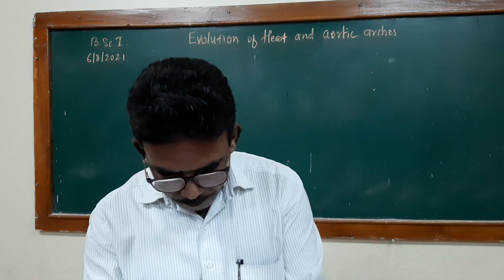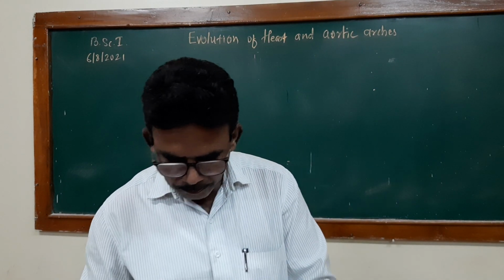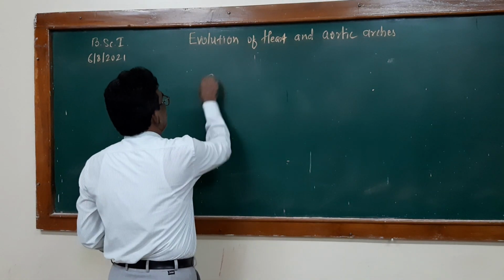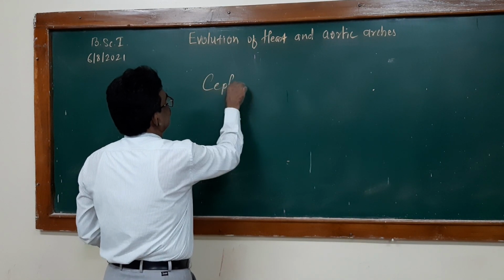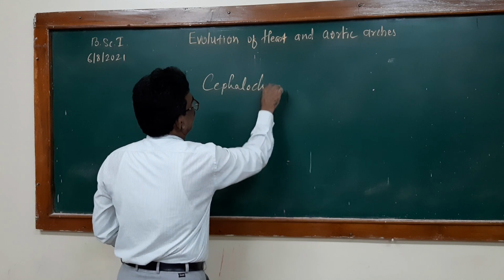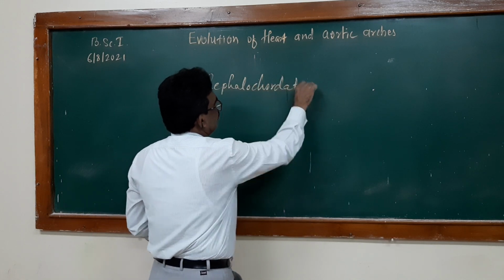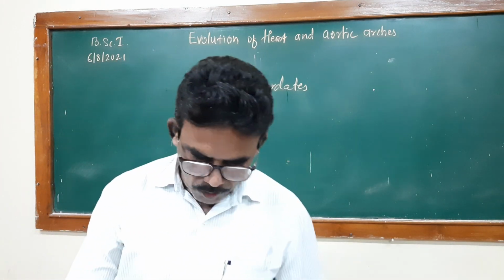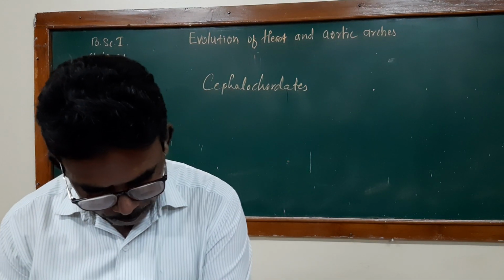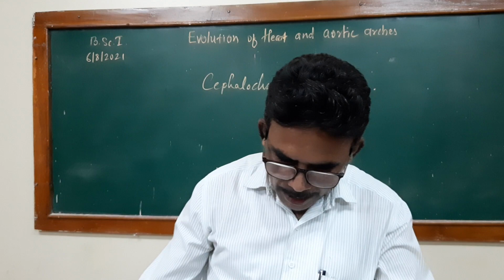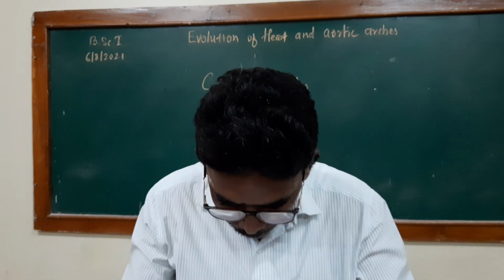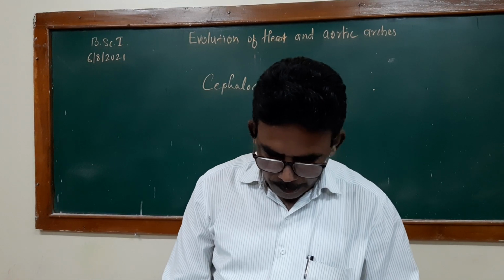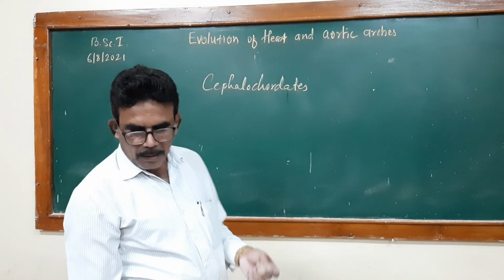So likewise here, the single chambered heart is found in the cephalochordates. These cephalochordates, or you can say Branchiostoma, amphioxus, show the single chambered heart.